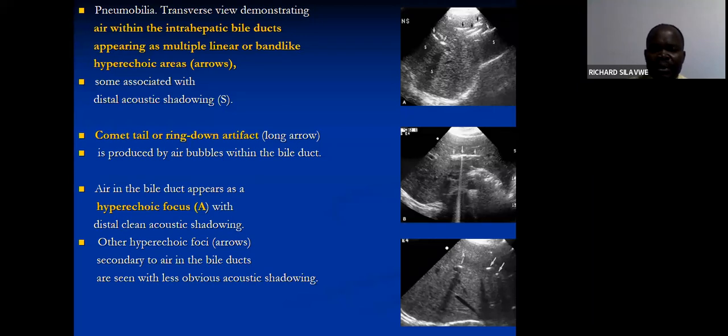The long arrows there show that one in the bile duct appears as a hyperechoic focus, like in figure A on the sonogram here. You can see that one. Other hyperechoic foci, arrows, secondary to air in the bile duct are seen with less obvious acoustic shadowing.